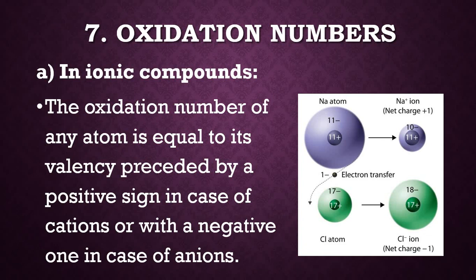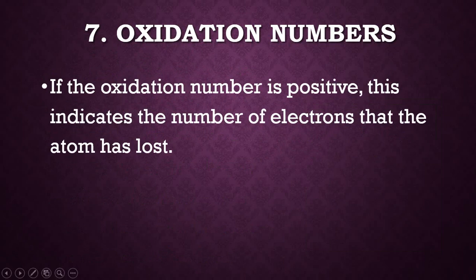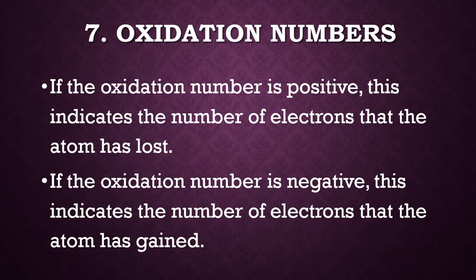So the net charge of the chloride ion is negative 1, so the oxidation number of the chloride ion is negative 1 as well. If the oxidation number is positive, this indicates the number of electrons that the atom has lost, while if the oxidation number is negative, this indicates the number of electrons that the atom has gained.